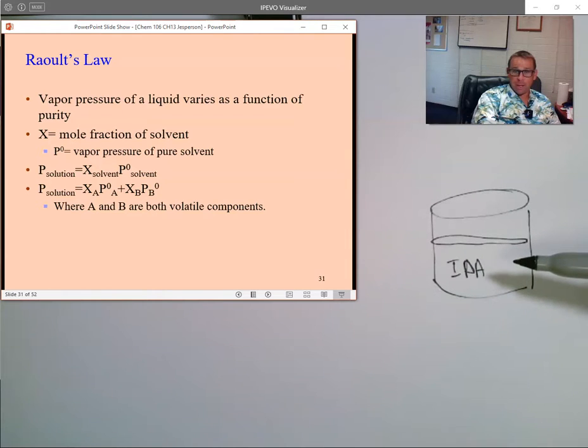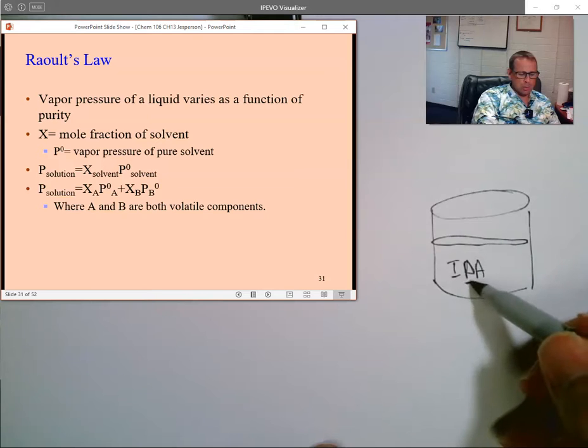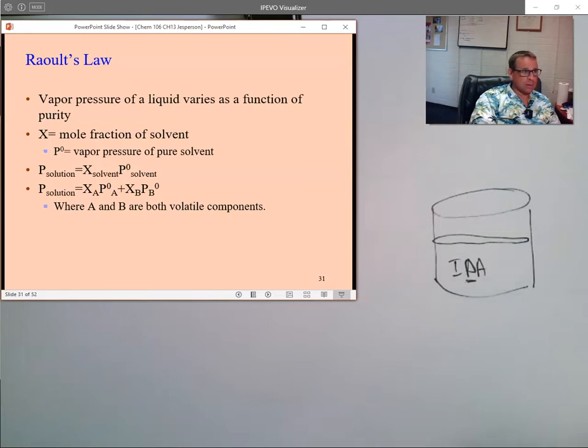Rubbing alcohol. Isopropyl, prop. Anybody know what number prop represents in terms of our way of naming material? Prop, do you guys remember? We only did it a couple times in the past. There's meth, eth, prop.